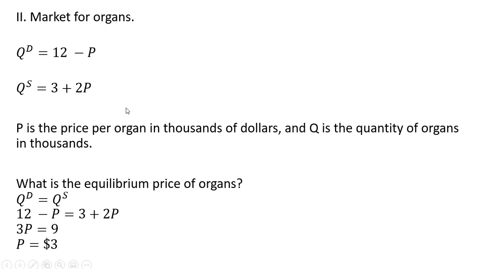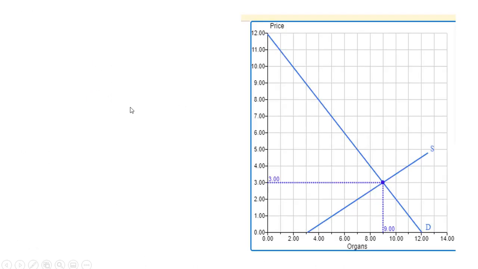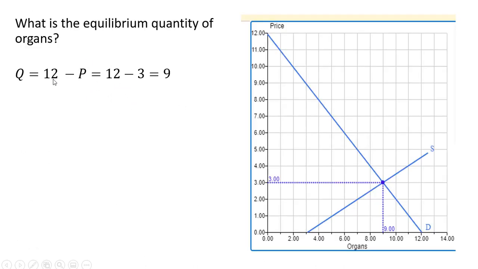So what is the equilibrium quantity of organs? Plug that equilibrium price back into either the demand or supply equation. Here I plug into the demand equation and we get an equilibrium quantity of 9. And here you can see the demand and supply curves are graphed, and we found the equilibrium price of $3 and equilibrium quantity of 9.